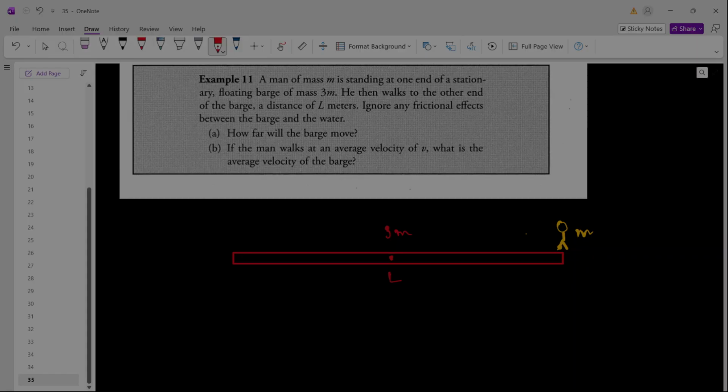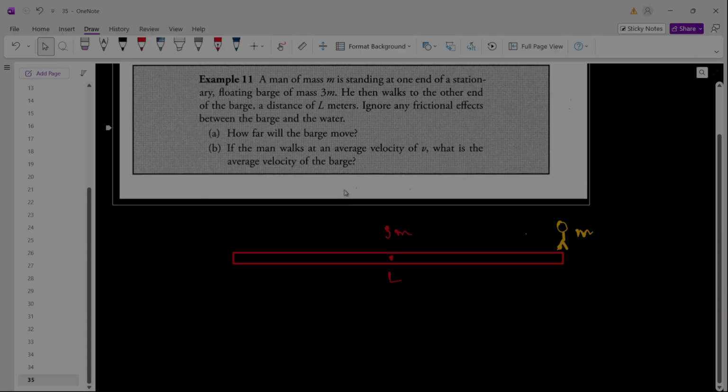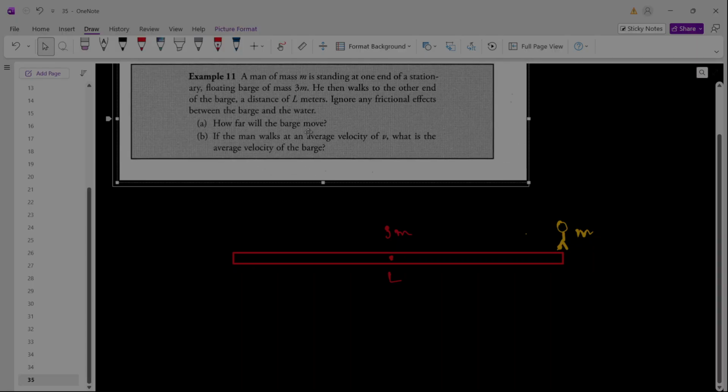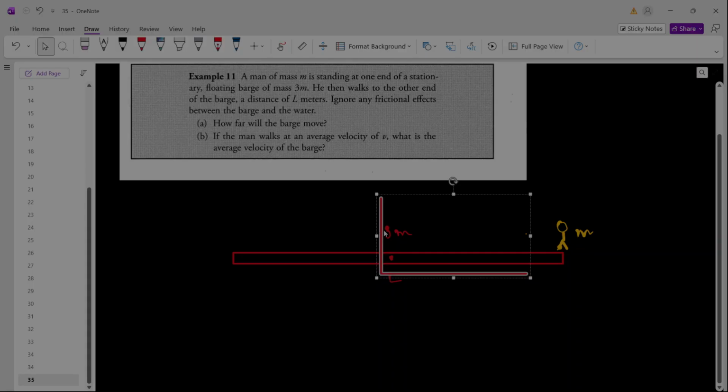right? So the first thing that we will do is we will first pick and choose our reference point, right? So in this case, let's assume that the center of mass of the barge is our reference point, right? So what we'll do is we can draw our x and y axis like this, right?